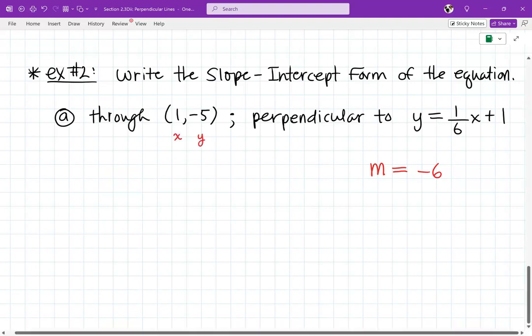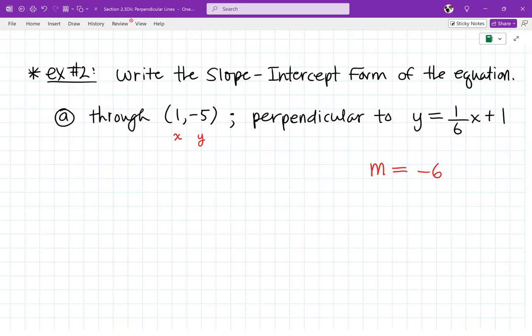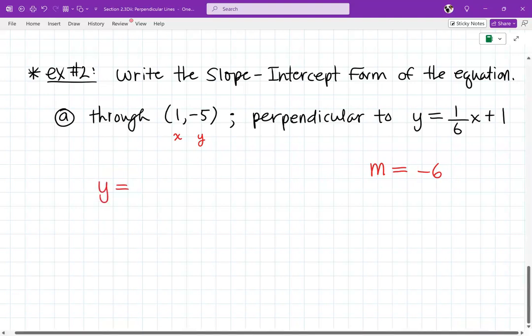Okay? So that's going to be my slope, and then I have that point right here, (1, -5), so I have an x and y there. So I'm going to use the formula y equals mx plus b, and put in my m, my x, and my y. So I get -5 is equal to -6 times 1 plus b. It's always the case that we've got to find our b value.